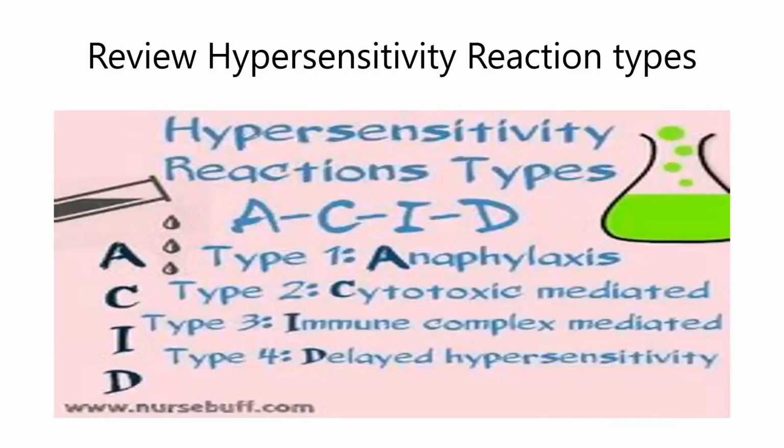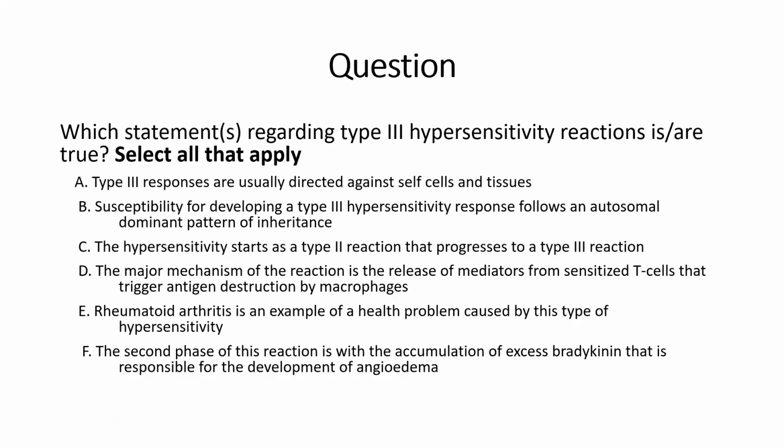Hypersensitivity reaction types. So let's review. The acronym ACID. Type 1 is A, anaphylactic, the most severe. Type 2 is cytotoxic, so that would be C. Type 3 is the immune complex mediated, which would be I. And 4 is a delayed hypersensitivity type reaction.